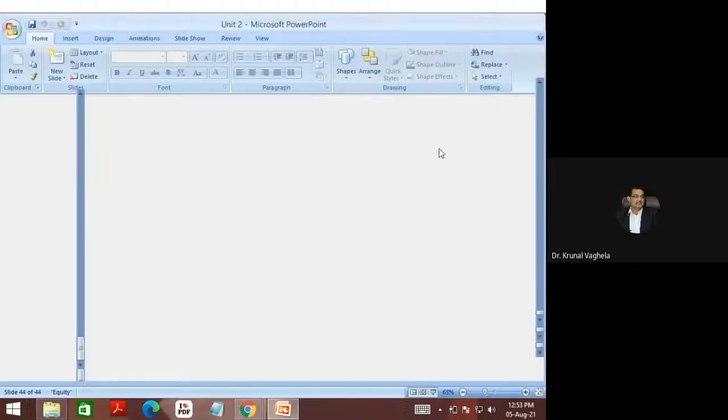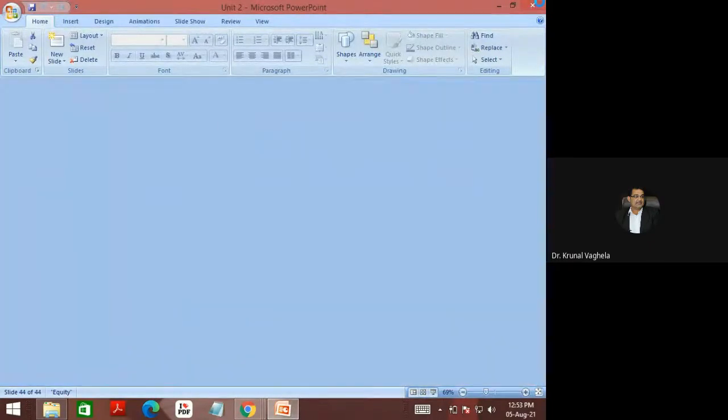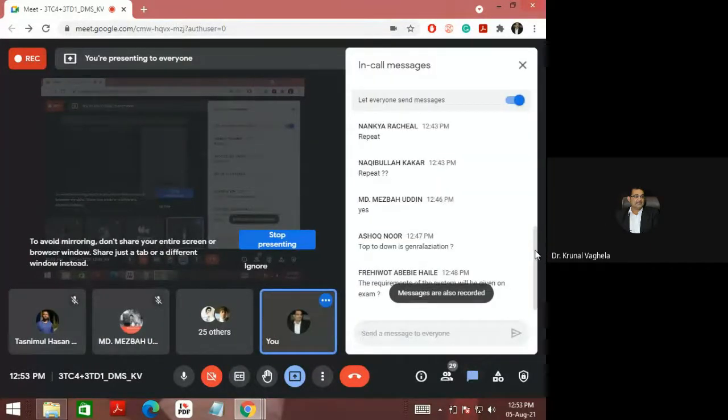Unit number 2. Will the requirement of the system be given in the exam? No, the requirement will not be given. You need to assume on your own.